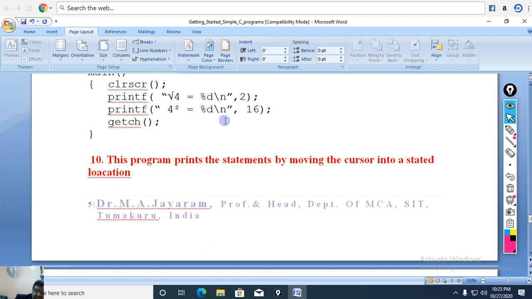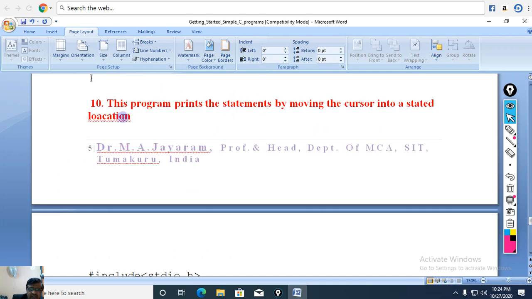If you put one slash n, it will be taken to the next line. 2 slash n's will take it 2 lines, and 2 empty lines are generated. But this program has some control over the movement or location of the cursor. This program prints the statements by moving the cursor into a stated location.